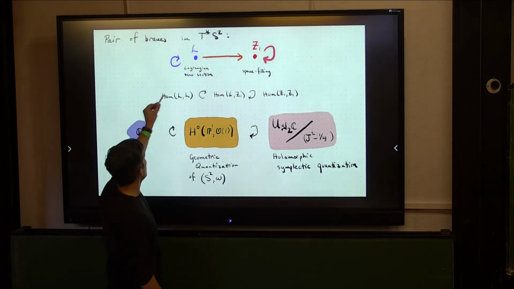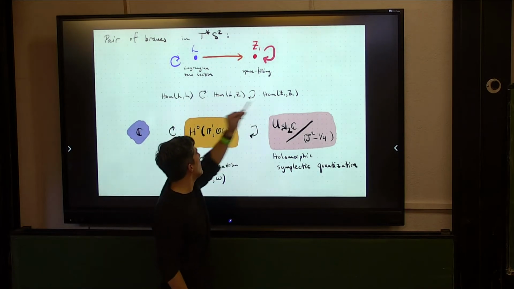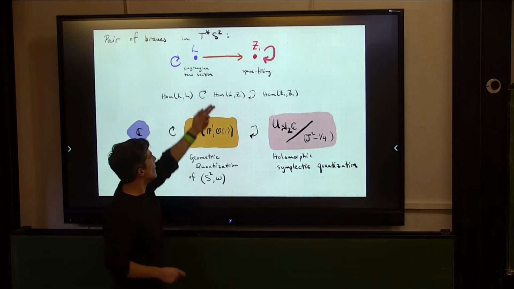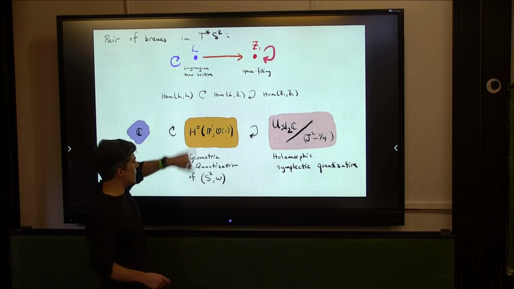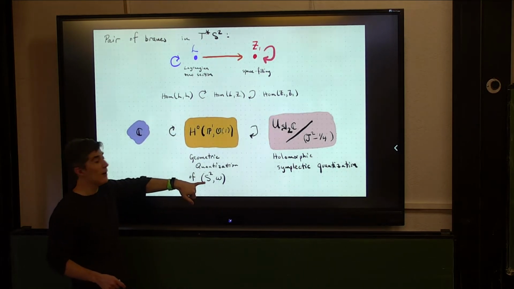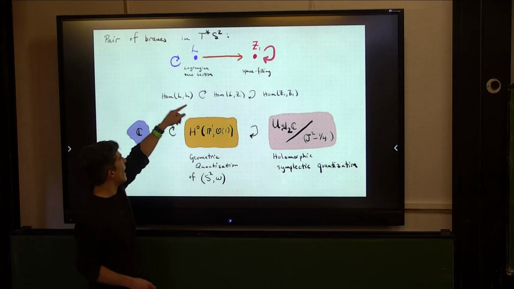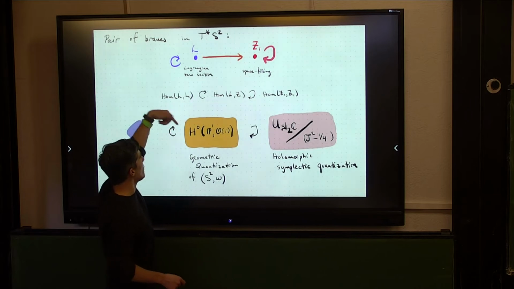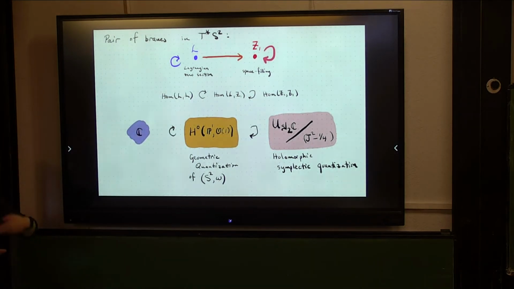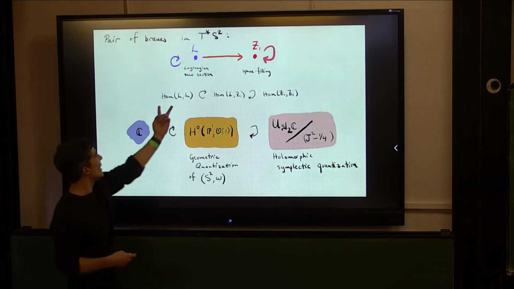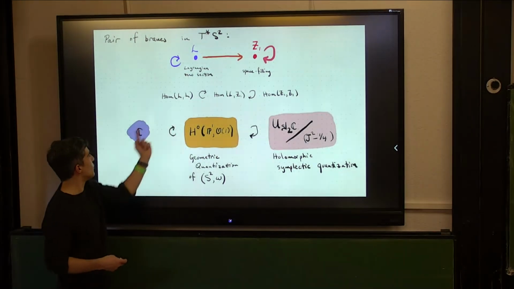You could consider the Hom from L to L, the Hom from Z to Z, and the Hom from L to Z. If you work this out, you're going to get a vector space, which is the geometric quantization of the two-sphere. And on it will act two other vector spaces which have an algebra structure, because this is a homomorphism from a brane to itself. Those can be composed, and we get an algebra structure. That algebra is just C.